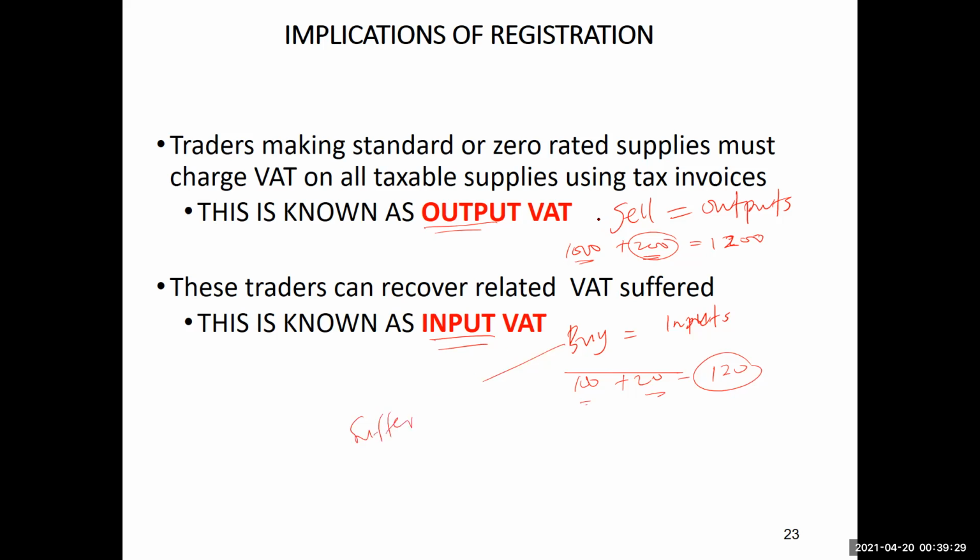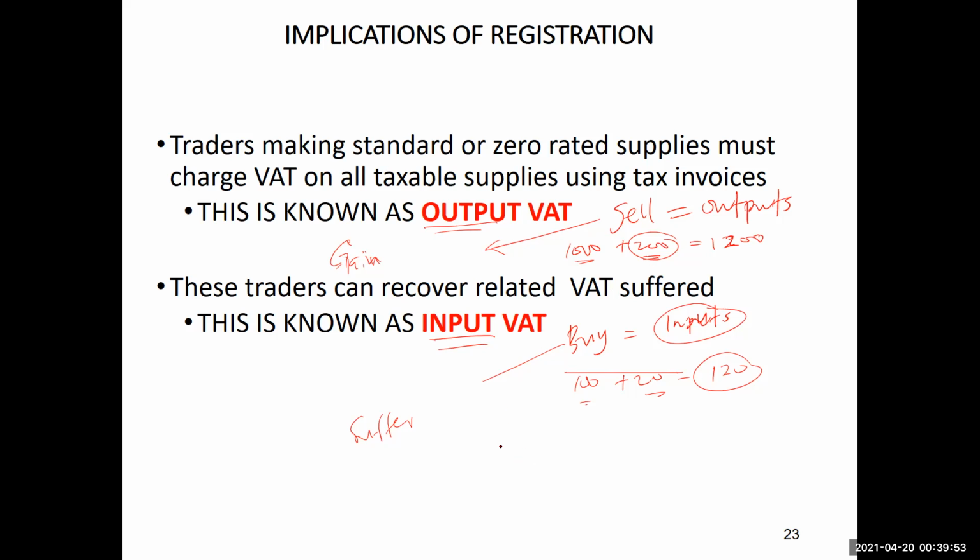But the output VAT is more or less some kind of gain, okay? Not really a gain because we pay it back to the government. We must always get rid of it from our sales figures and then give it back to the government.